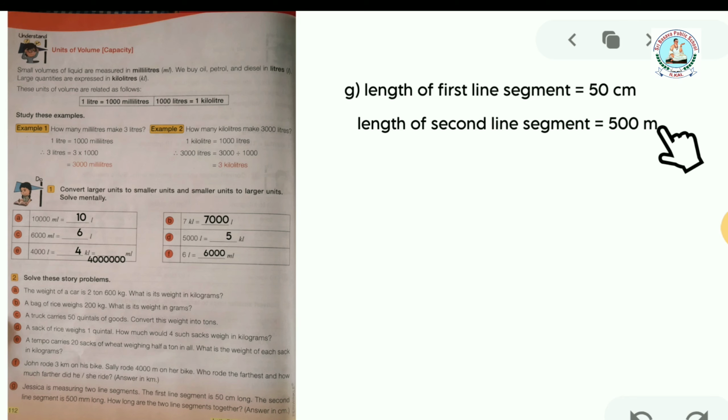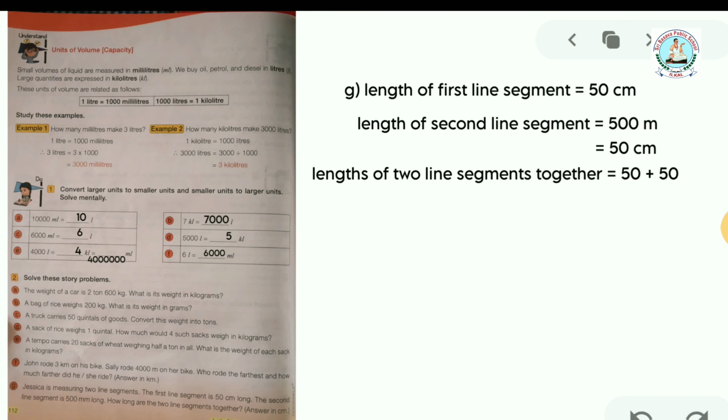It is 500 millimeter. When you convert this 500 millimeter into centimeter, it would be 50 centimeter. So see here, the length of the first line segment is 50 centimeter, and the length of the second line segment, which was given as 500 millimeter, we have now converted into 50 centimeter. So the length of both line segments together will be 50 plus 50, that is 100 centimeter.